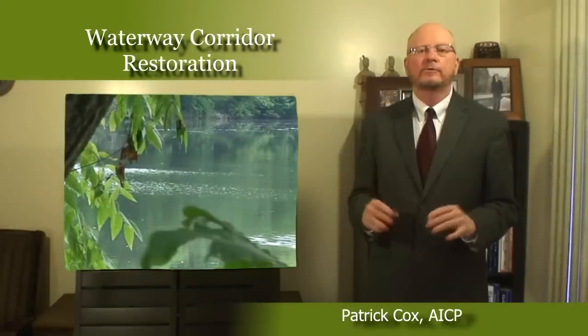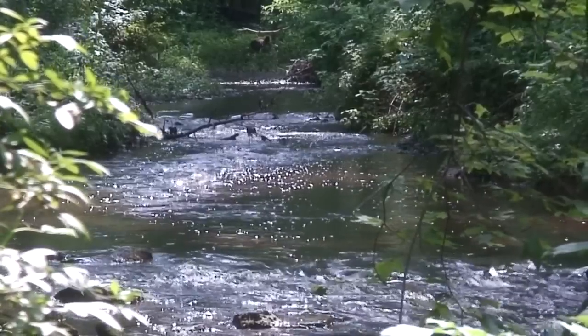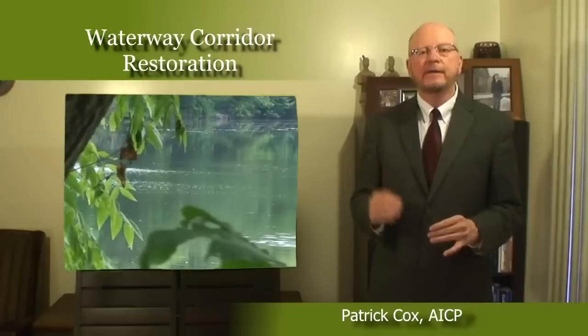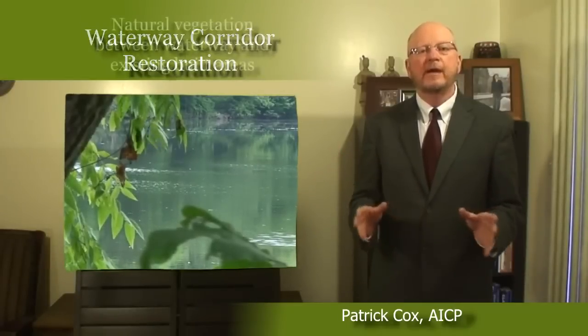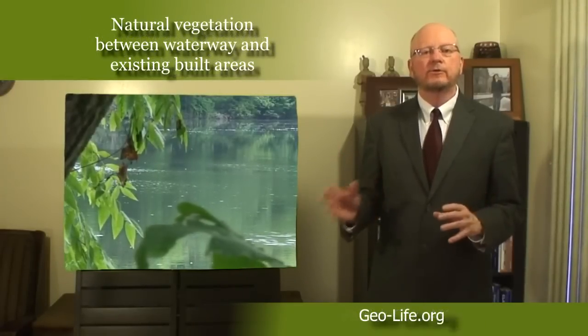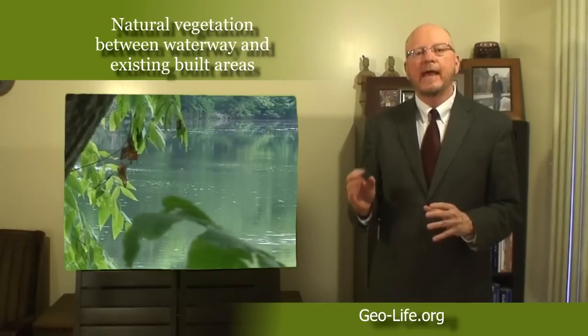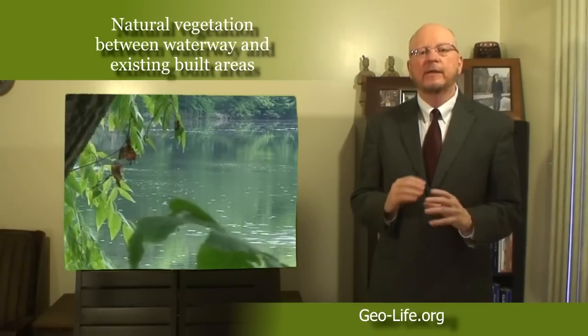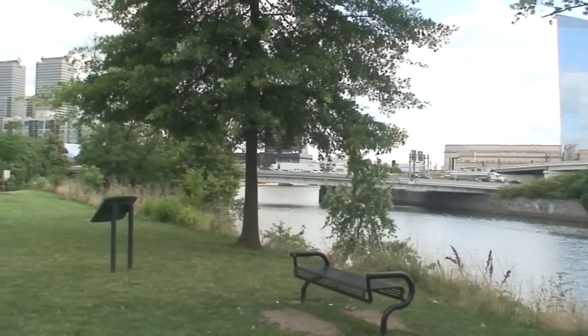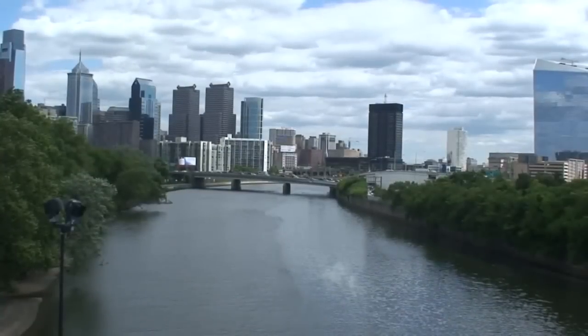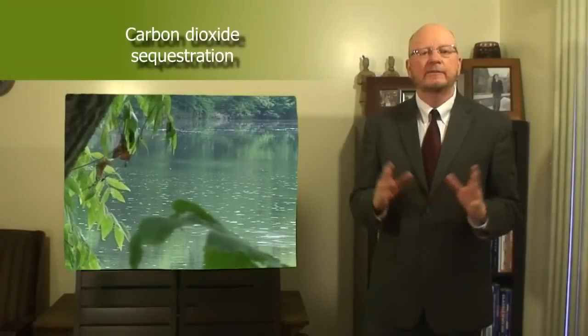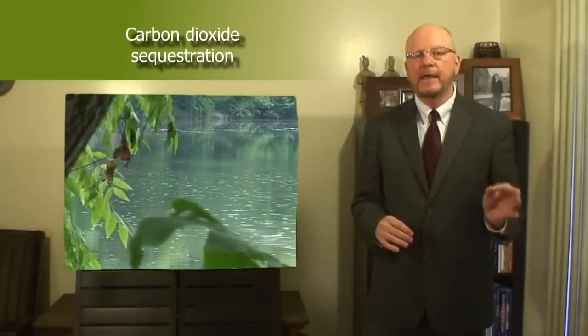When waterway corridors are restored through existing built communities, they provide an abundance of vegetation along the riparian corridor, both in the littoral zones of the waterway and the upland buffer areas between the waterway and built areas. This lush vegetation is great at sequestering CO2 from the air that we breathe.